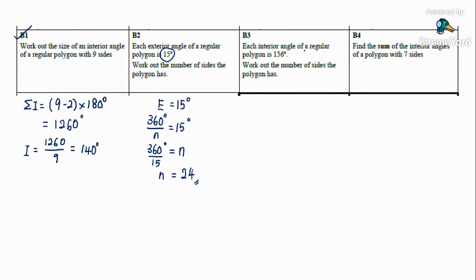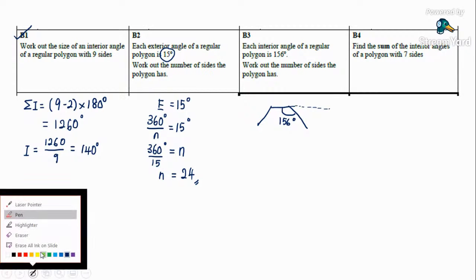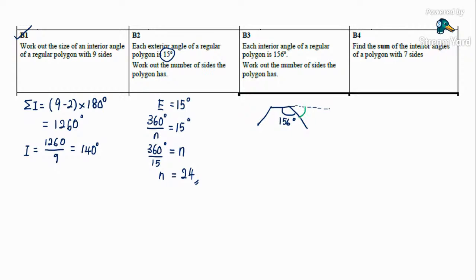Each interior angle of a regular polygon is 156. Work out the number of sides the polygon has. In this case, I will take an easier approach. I will just randomly draw a vertex. It has an interior angle of 156, which means it will have an exterior angle of 24.